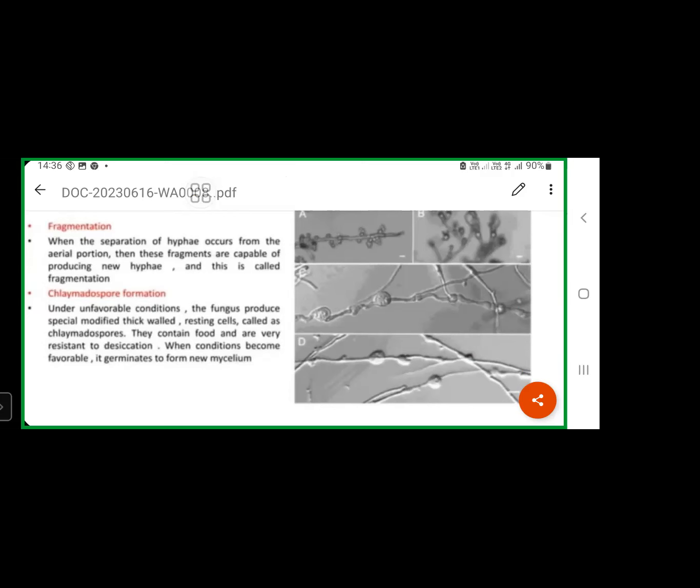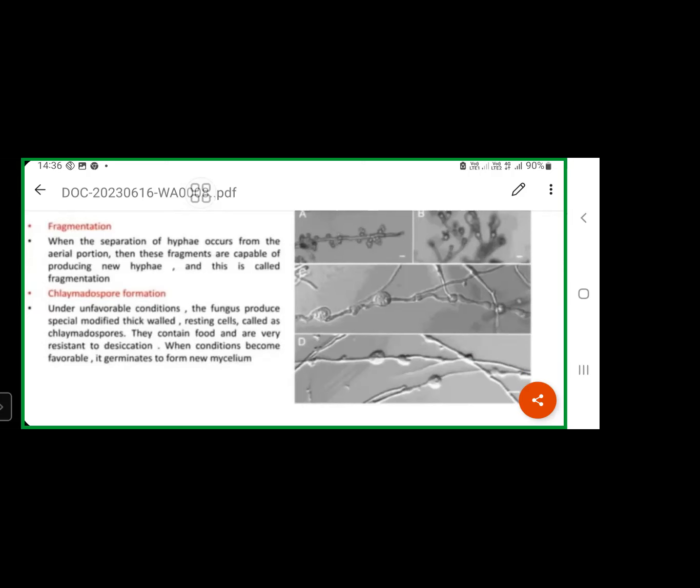By developing thick walls around these cells, they escape from adverse conditions like desiccation. These cells contain food materials in huge quantities. The food materials get accumulated in the cells, which are surrounded by thick walls.